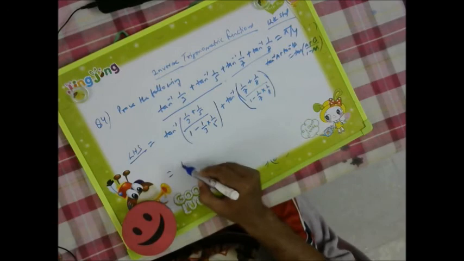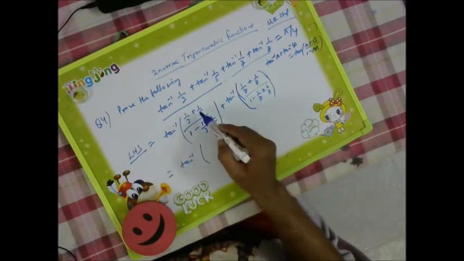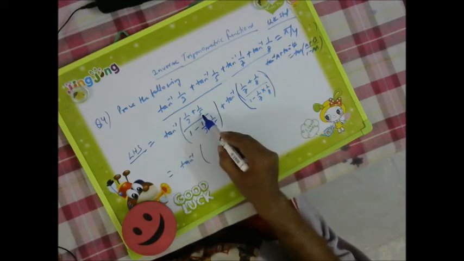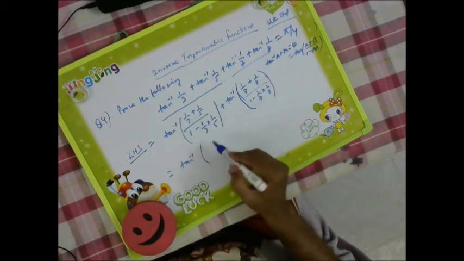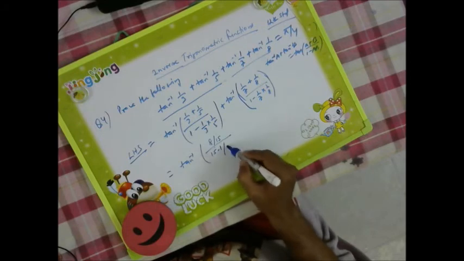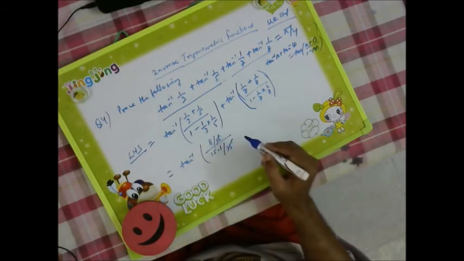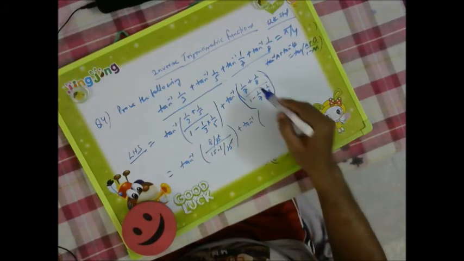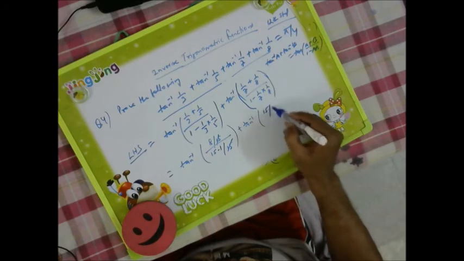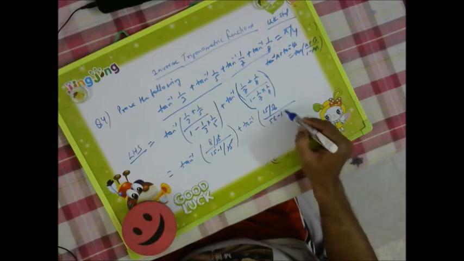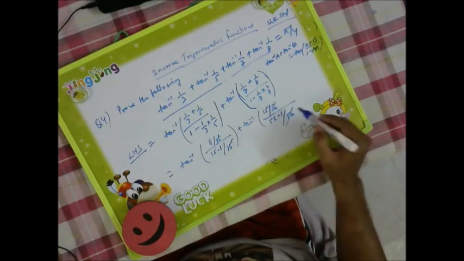So tan inverse, if we take the LCM, here you can see 15 is at the bottom, here also the LCM will come 15 at the bottom. So 5 plus 3 is 8, 8 by 15, divided by 15 minus 1 by 15. 15 will get cancelled. Plus tan inverse, this side again 56, so 15 by 56 divided by 56 minus 1 by 56, it has got cancelled.